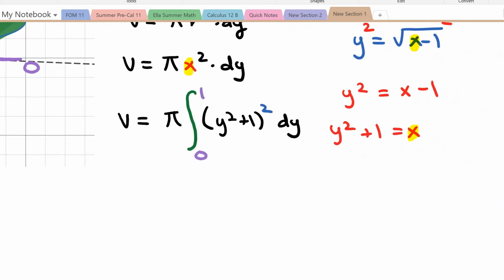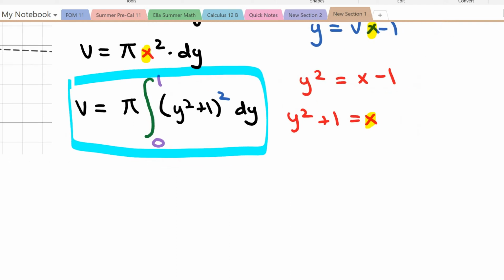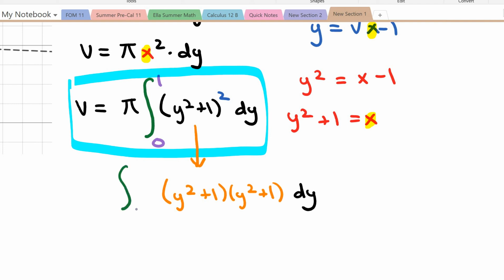Okay, let's figure out how we can find the antiderivative of this expression and evaluate this. Step number 1, I would expand that. So that's going to be y squared plus 1 times y squared plus 1 dy, integral from 0 to 1, pi, and volume equals that.